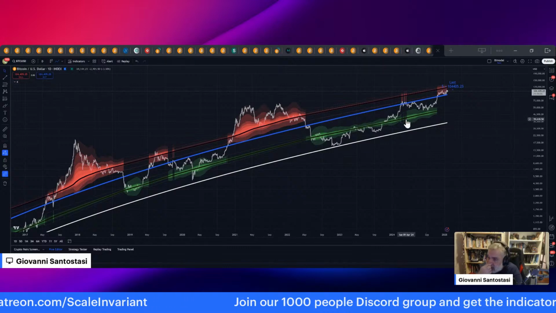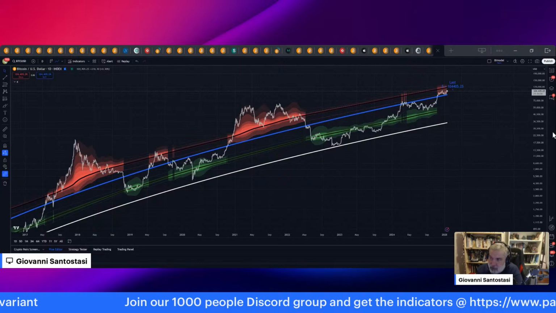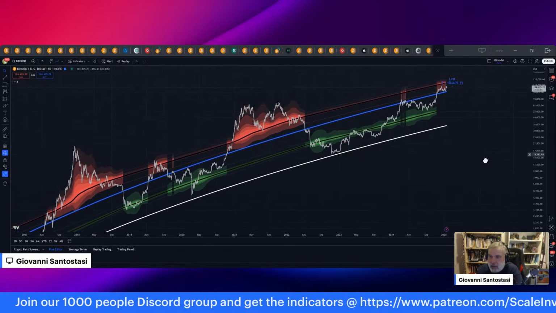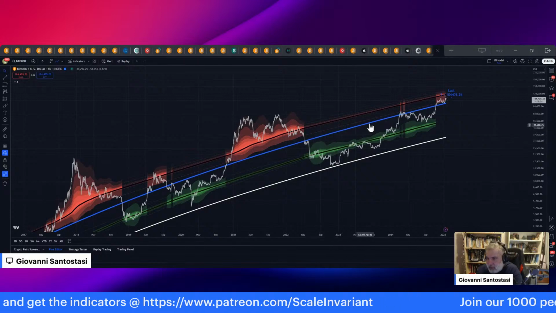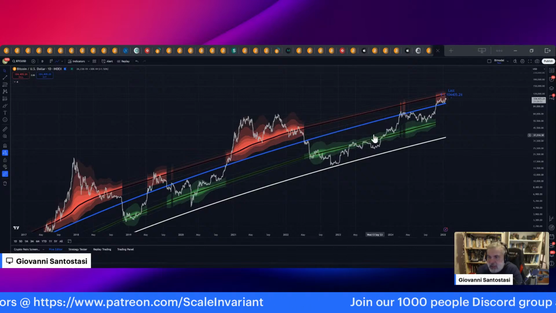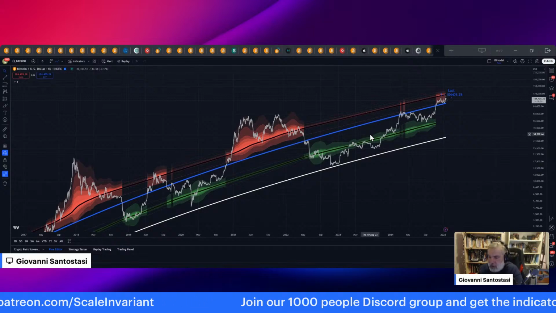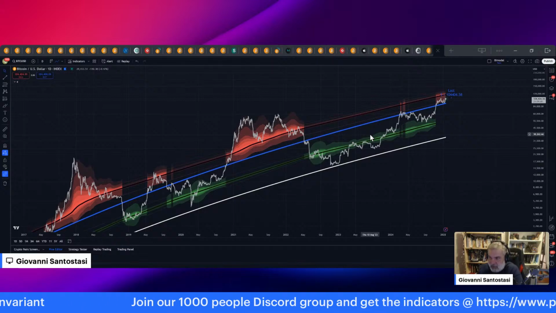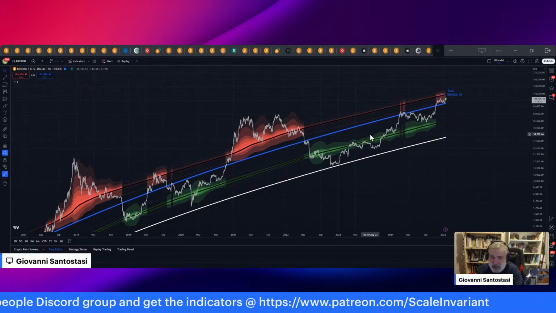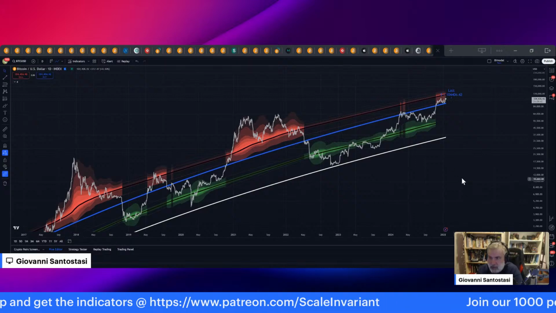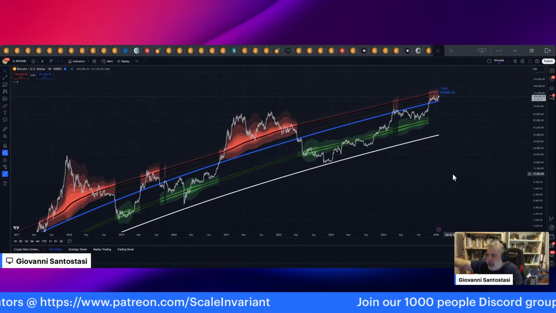We already did some studies showing that if you describe every time we leave this blue line, you describe the deviations as a percentage, but then you divide them by volatility that accounts for this decay, a very nice, precise pattern emerges.